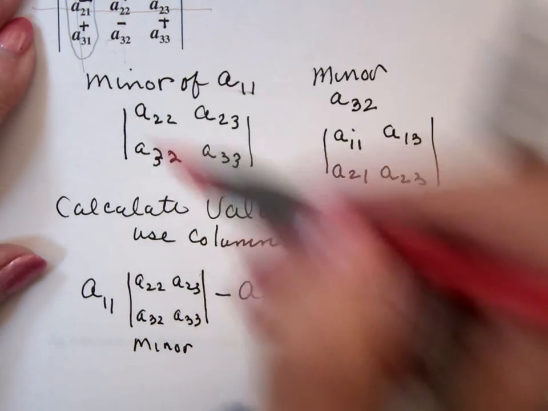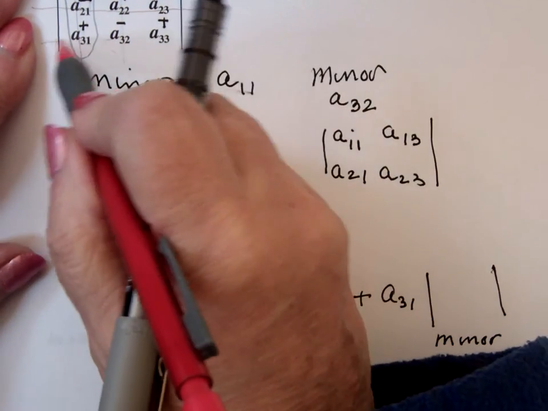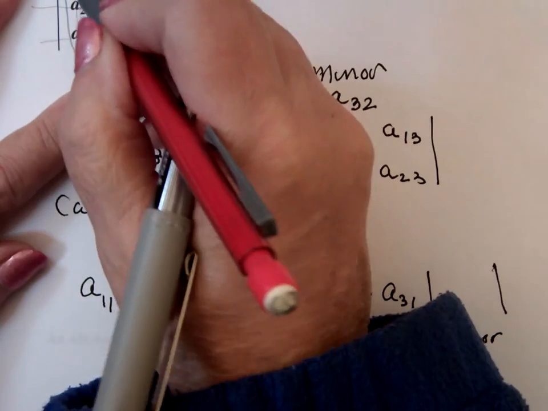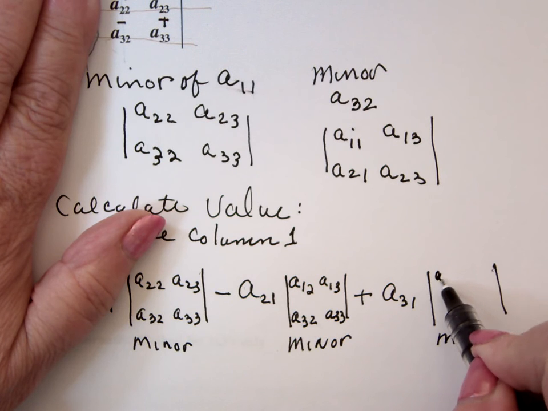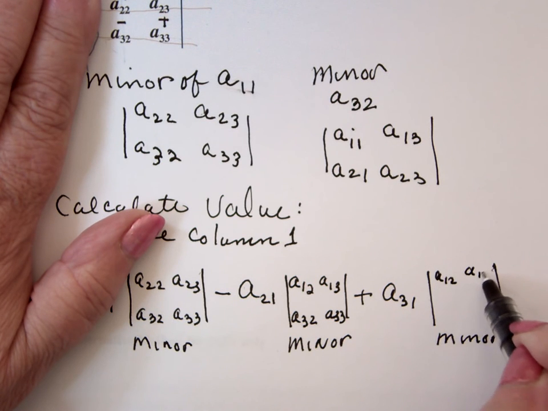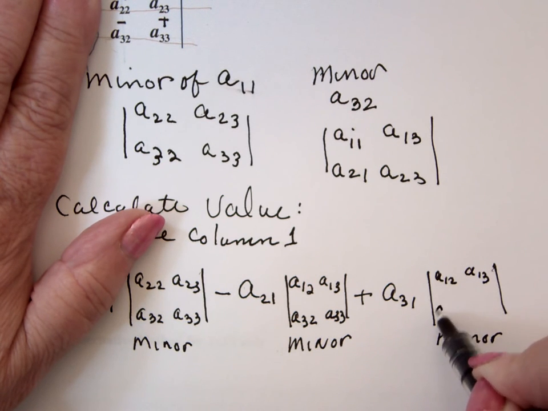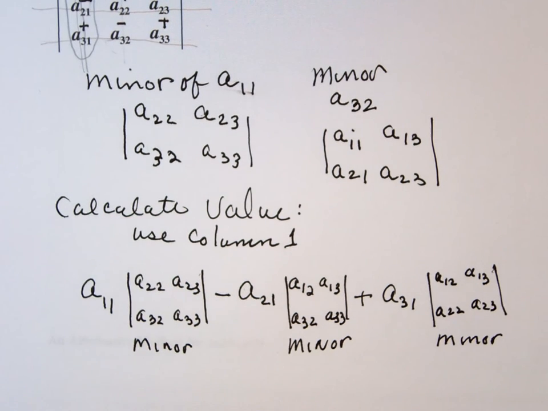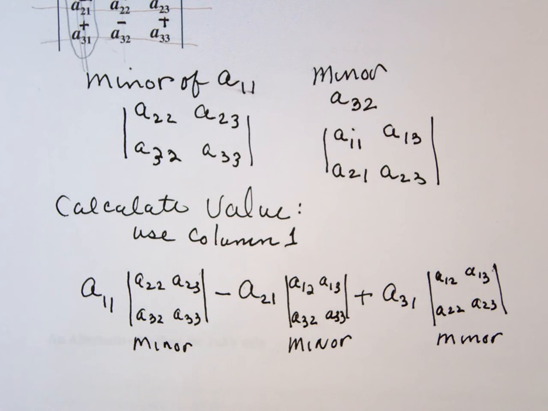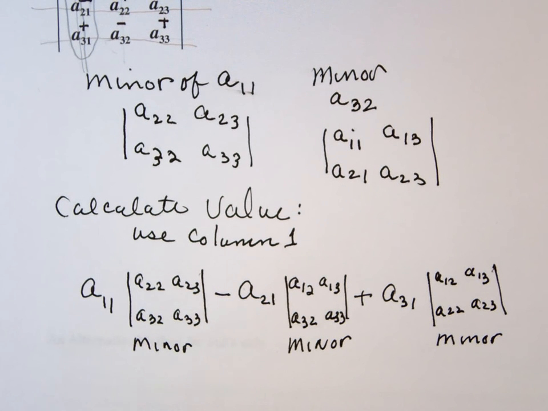And then for A31, I cross out the row A31 is in, the column A31 is in, and what's left is A12, A13, A22, A23. And then do we know how to calculate 2 by 2s fairly easily? Yeah. And that's what happens.